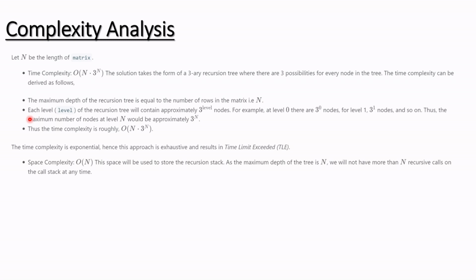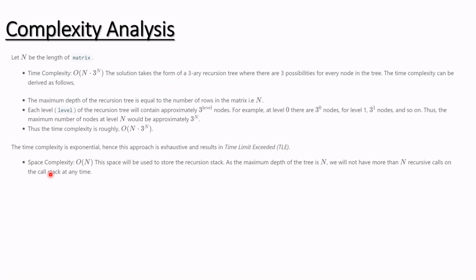For example, at level 0 we have 3 nodes, and for level 1, 3 times that, and so on. It will be 3 to the power n for each level. Thus we can say n into 3 to the power n, and that's why this is our time complexity, O of n into 3 to the power n, correct?